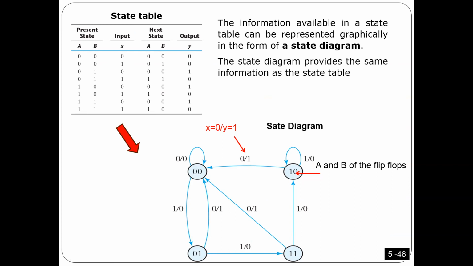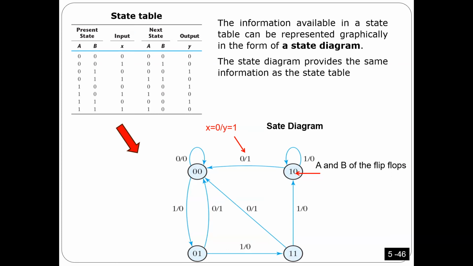A state diagram. This state diagram describes the behavior, how the circuit works. Because we have 2 flip-flops, we have 4 states: state 0, 0, state 1, 0, 1, 1, or 0, 1. These are all possible cases, the values stored by the flip-flops.